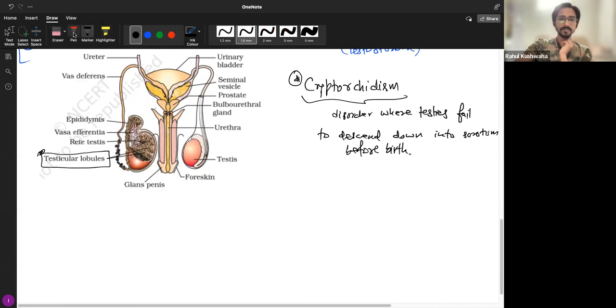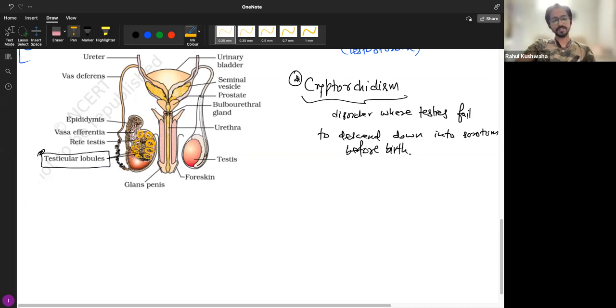Red also is not very good. Let's see if this is visible. Can you see this? Is it visible to you? Yeah. So these kind of chambers are present in the testes, which are called testicular lobules.